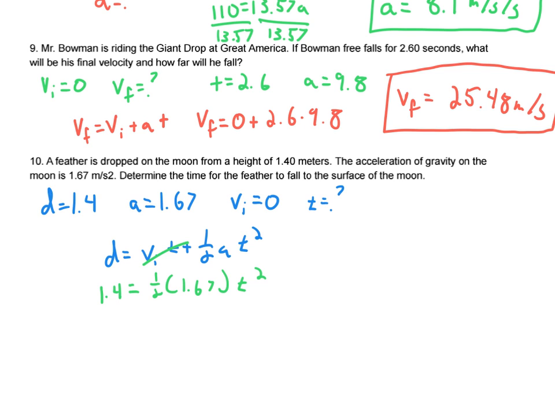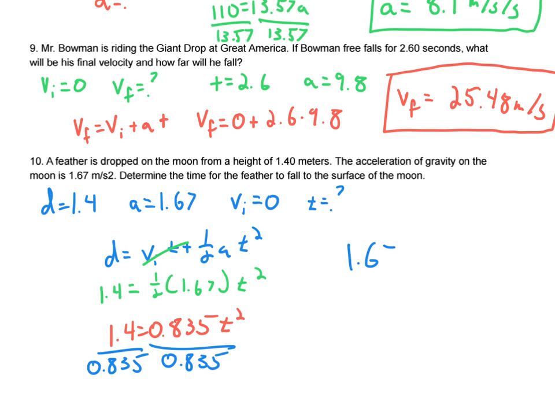Half of 1.67 is 0.835 times t squared. I divide both sides by 0.835. 1.4 divided by 0.835, I get 1.67, we've got to round up to 8, equals t squared.